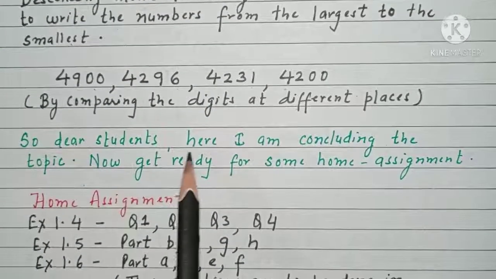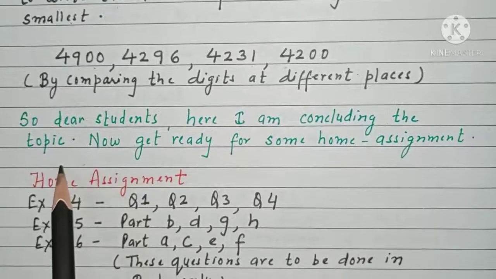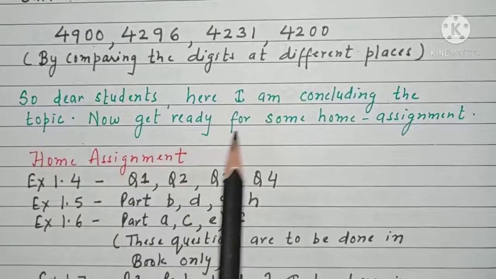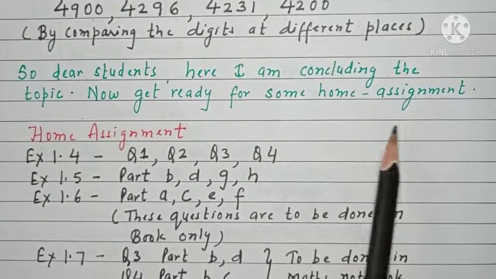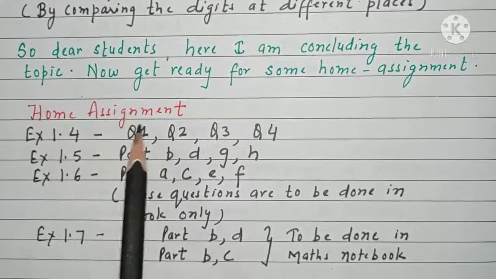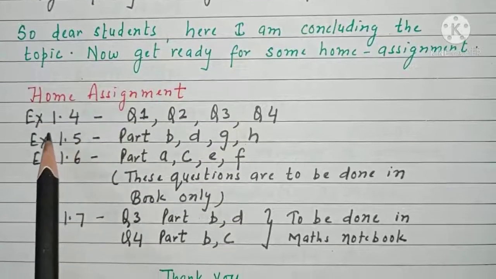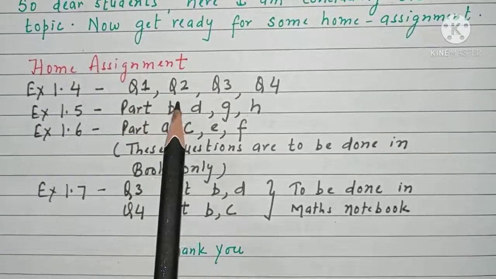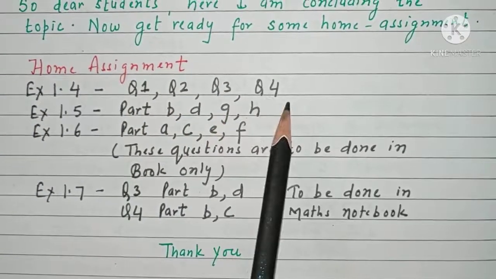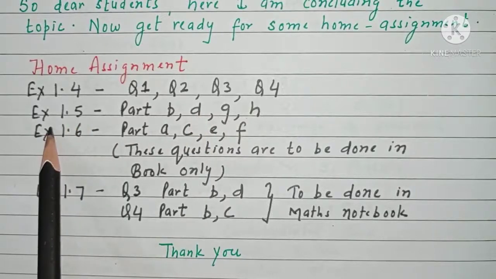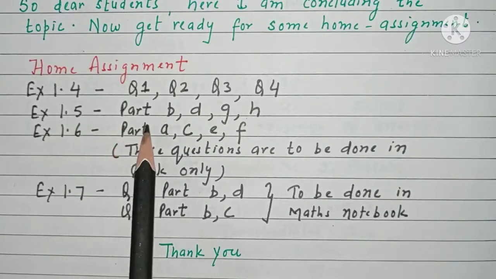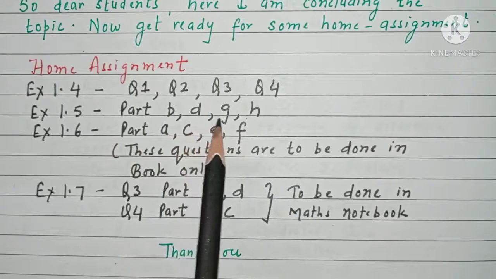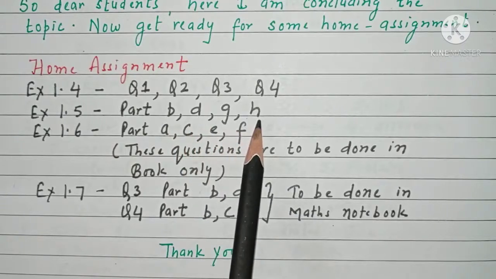So dear students, here I am concluding the topic. So now get ready for some home assignment questions. You need to do the given home assignment questions from exercise 1.4. It is question number 1, 2, 3 and 4. Exercise 1.5, you need to do the parts B, D, G and H only.